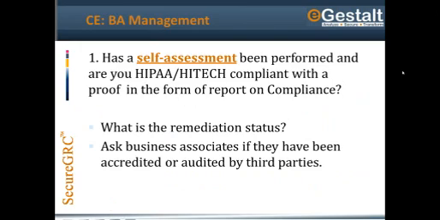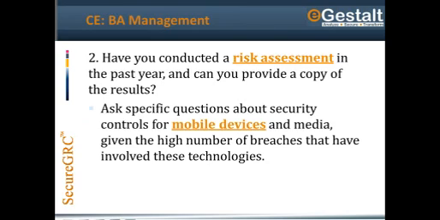They should be able to generate a report and show it to you as a covered entity. And what is the status of remediation? If they've gone through a self-assessment, have they taken care of the high priority areas, the gaps that the self-assessment may have found? So having a clear understanding of the self-assessment status and the remediation status of a BA or an external vendor is an important step in making sure it's safeguarded.